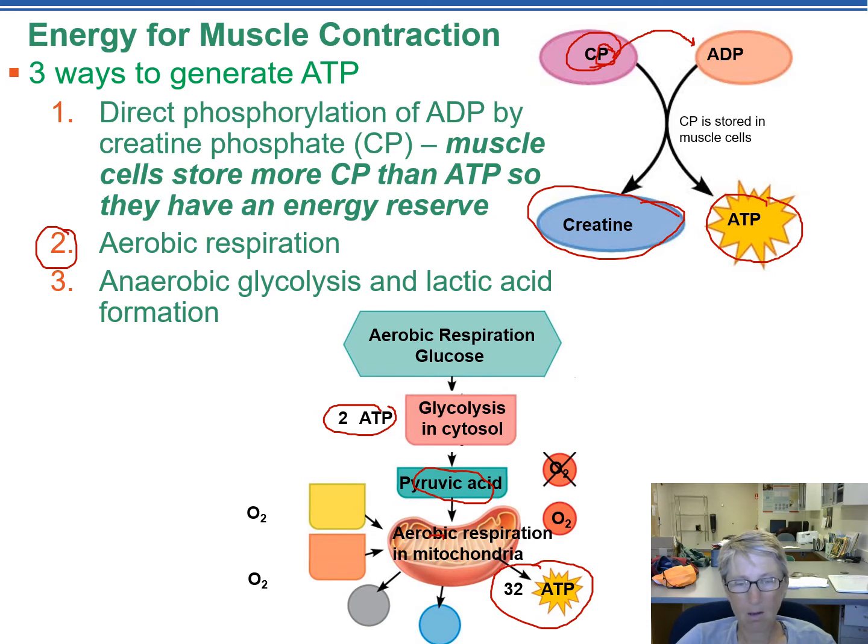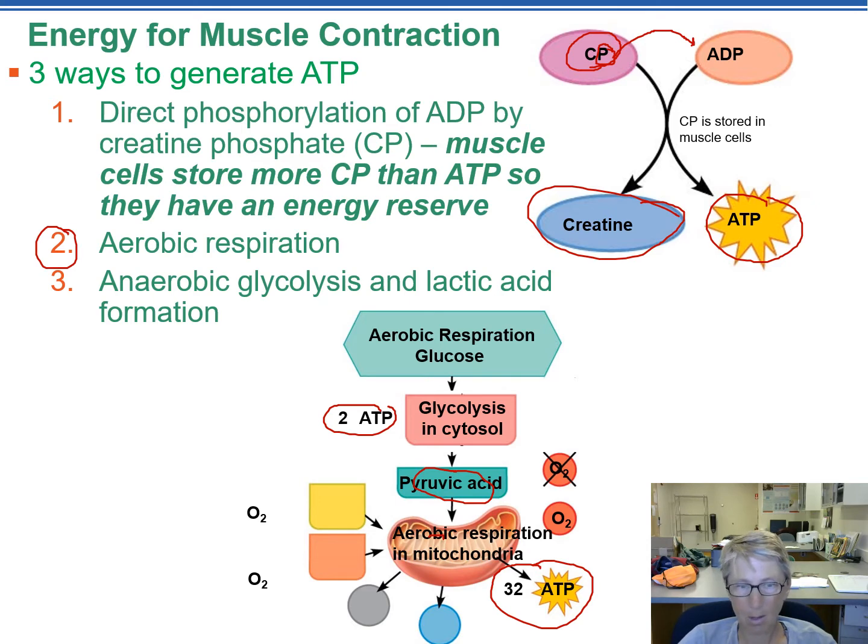If oxygen is not present, then glycolysis will be anaerobic. So glycolysis at the end will form pyruvic acid, but then that pyruvic acid can't go to the mitochondria to make more ATP because no oxygen is present. So that pyruvic acid becomes lactic acid.